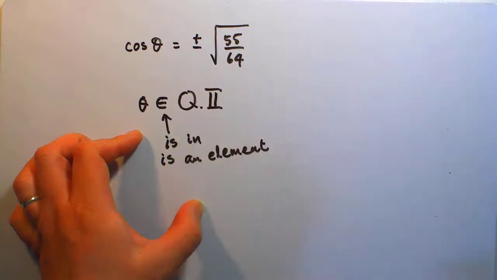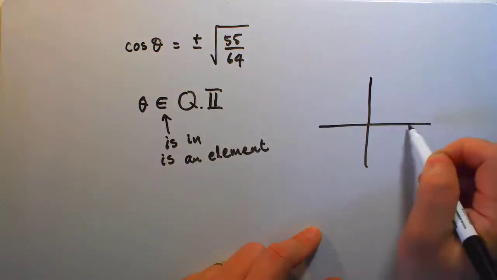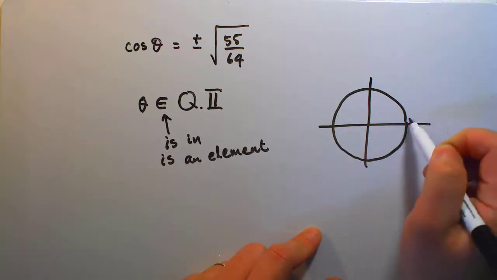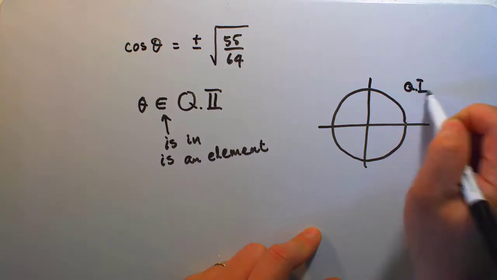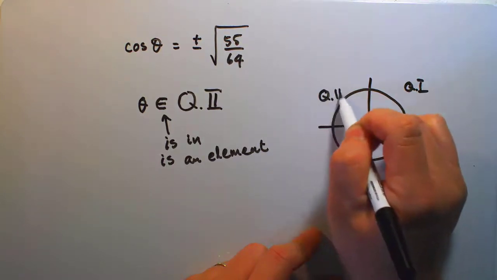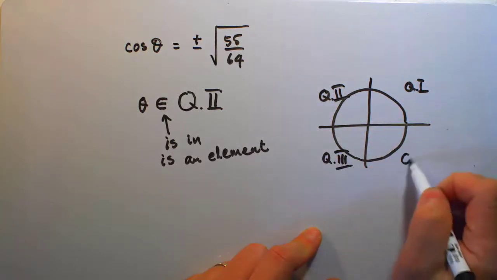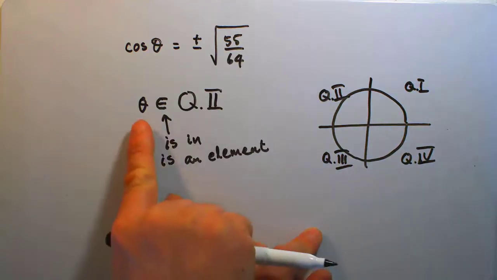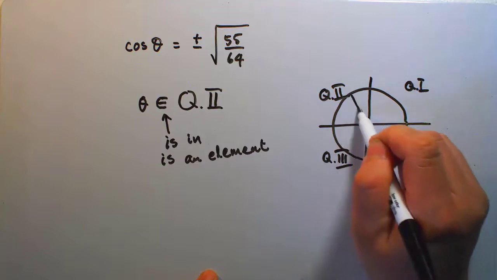So allow me to quickly explain. We've seen through the video lectures that the entire unit circle is broken down into 4 separate quadrants. Here's quadrant 1, quadrant 2 is here, there's quadrant 3, then finally quadrant 4. So this statement is indicating that your angle must be located somewhere in here.